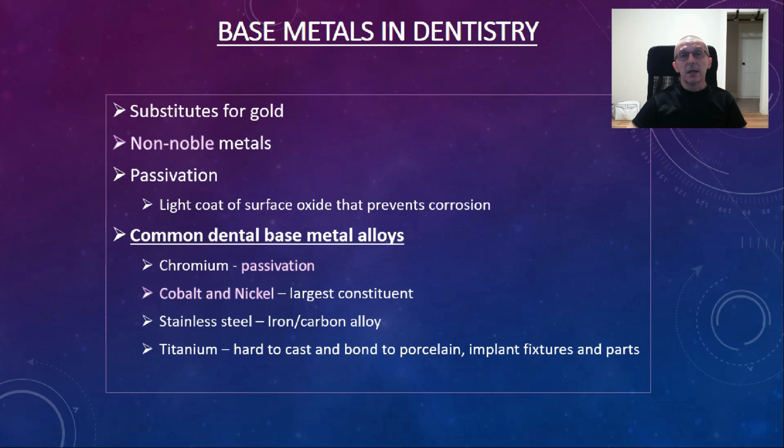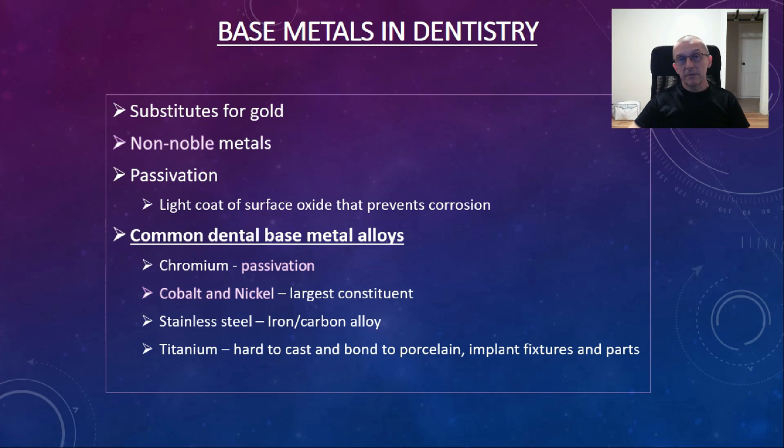Special porcelains have to be manufactured to bond to titanium, and to bake these porcelains you need to have a nitrogen-based atmosphere to prevent oxidation during heating. And it's the same with casting titanium.